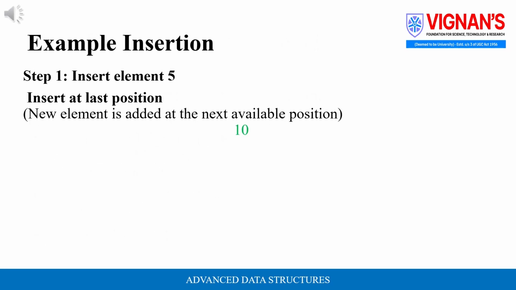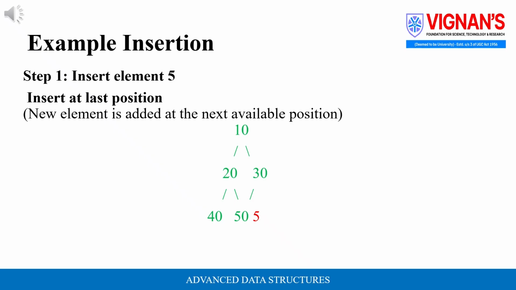Now, let us see an example of insertion in a min heap. Step 1. Insert the element 5. The new element is inserted at the last position in the heap. This means the element is added at the next available position to maintain the complete binary tree structure.